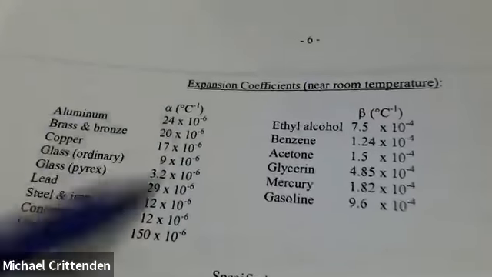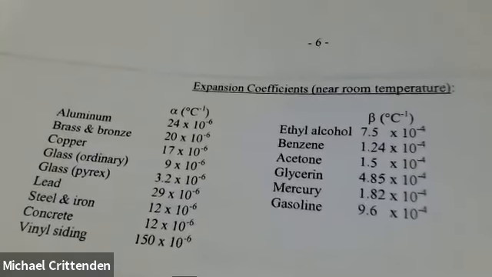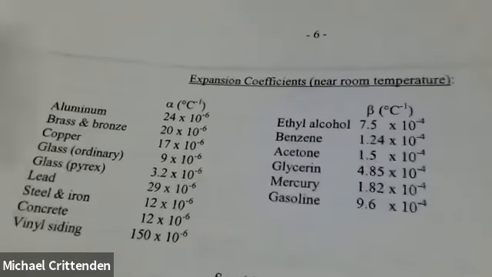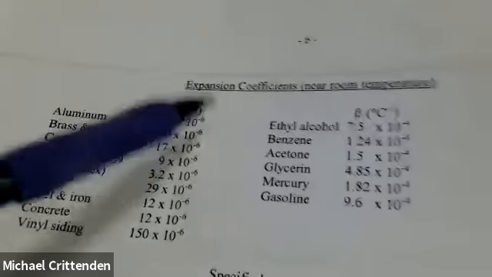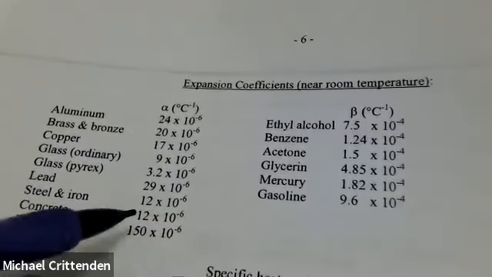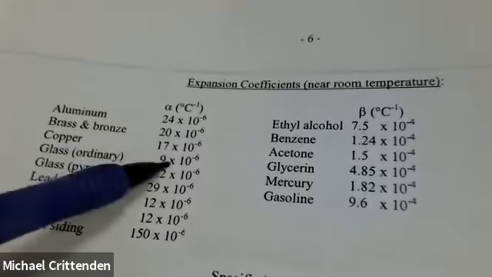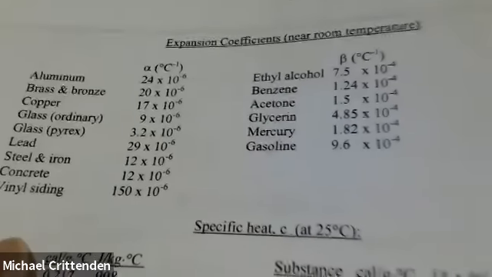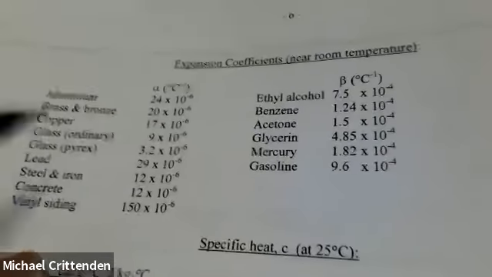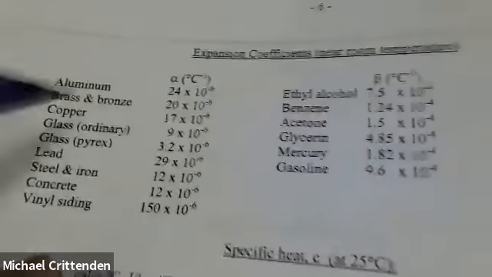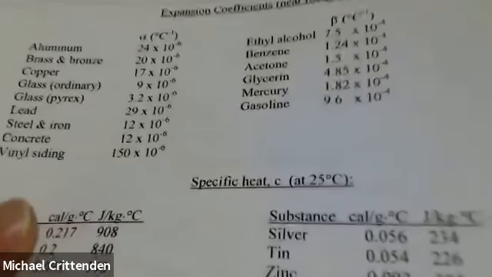But quite often you see this sort of thing done in tables, because for somebody who's just quickly scanning around for the biggest number or the smallest number, it's kind of good to have everything to the same power of 10. So with 9 times 10 to the negative 6 or 150 times 10 to the negative 6, it stands out better that this is the highest one and this is the smallest one when they're all to the same power of 10, and that's the reason they do that.